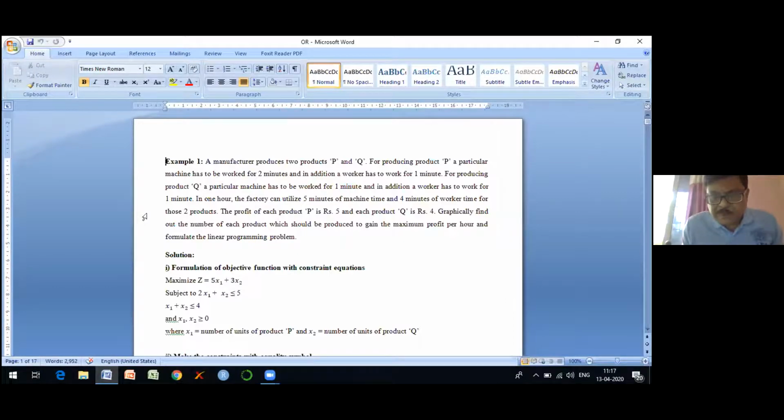In this particular problem, we are considering two types of resources. One is machine hours and the other one is human resource, that means labor hours.